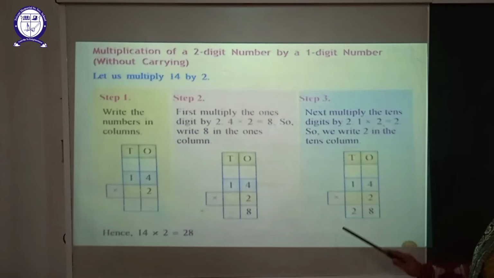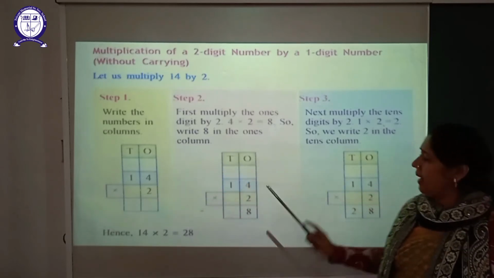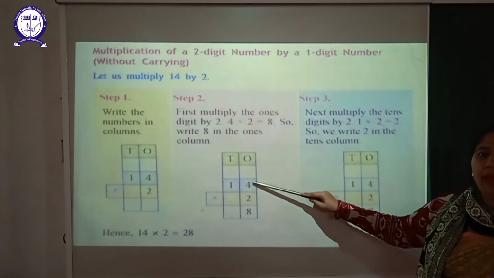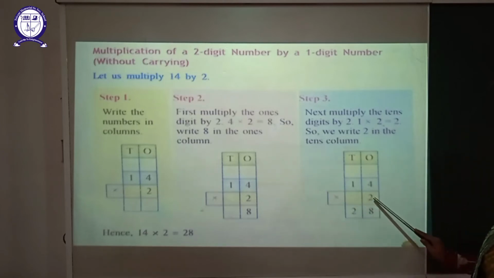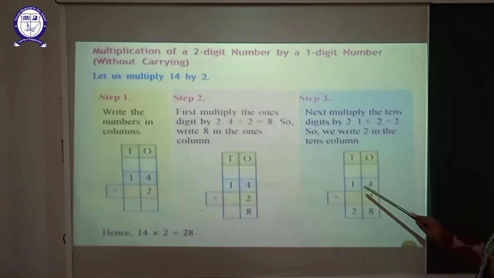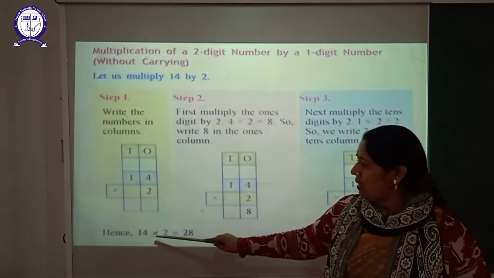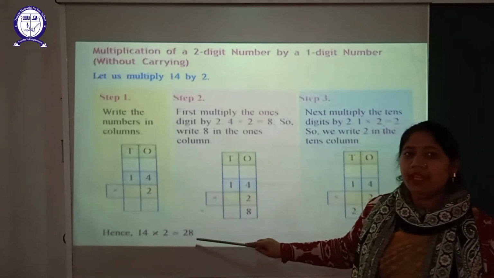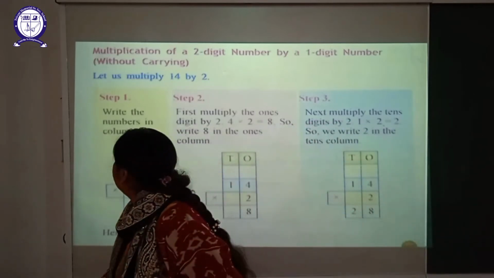So in the first step we wrote it out in column form. In the second step we multiplied by the ones place and in the third step we multiply the tens place by 2. 2 ones are 2. So the product of 14 multiplied by 2 is equal to 28. Okay beta, come to the next.